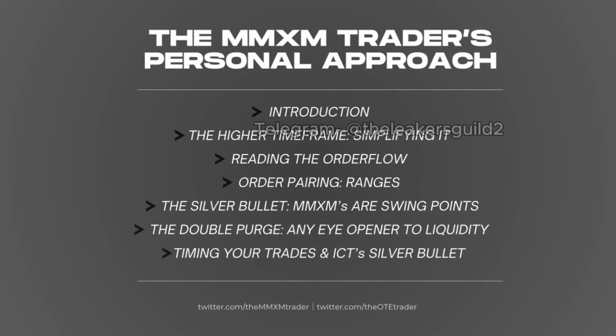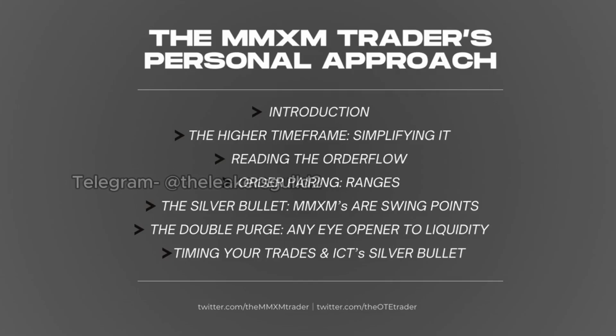So the MMXM Trader's personal approach. We've got a variety of topics, just after a little bit of an introduction. We're going to be talking about the higher time frame, and we'll simplify how to approach that. Reading the order flow, also very important to be in the higher time frame order flow and lower time frame order flow. Order pairing, we're going to be talking about price ranges, how the market makers actually move price.